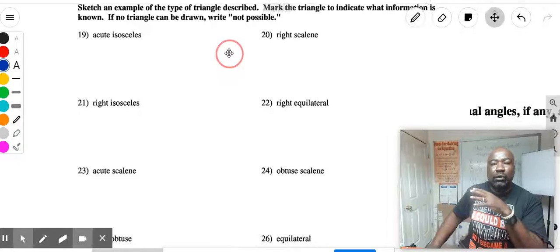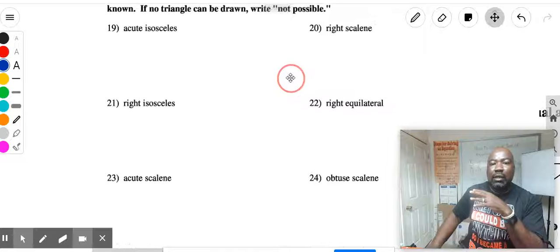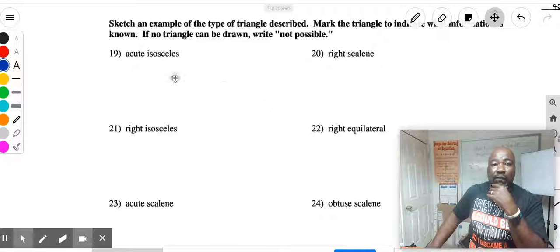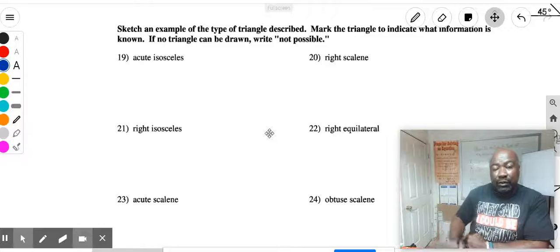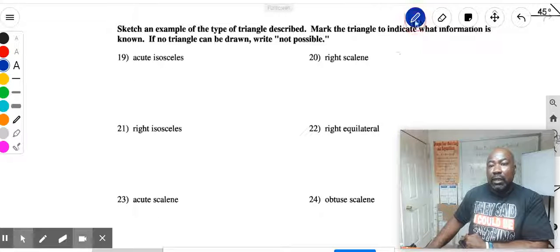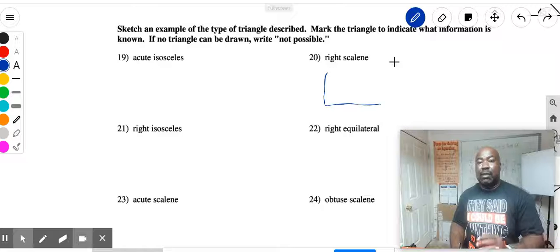Now let's move on. I have two worksheets kind of intertwined, but this worksheet from 19 through 24 is going to ask you to draw it. So let's say I do number 20, which is asking for a right triangle. I'm going to try to draw it to scale. Let's get it better than that.